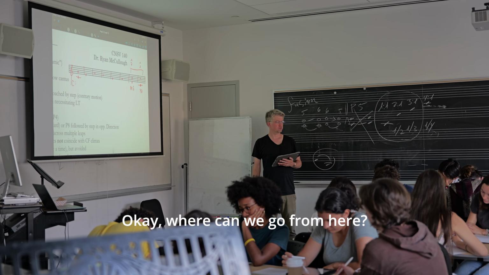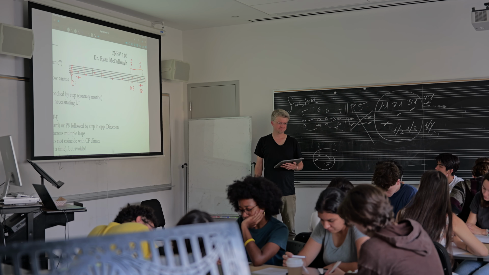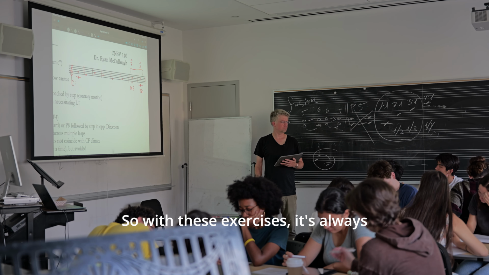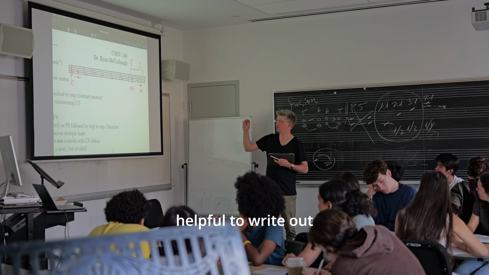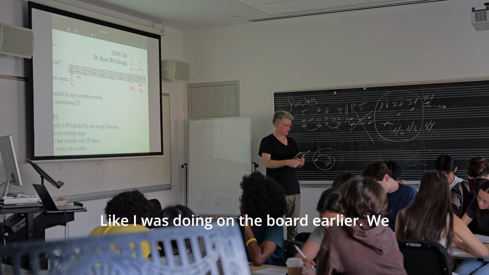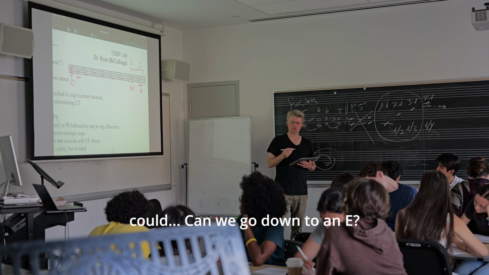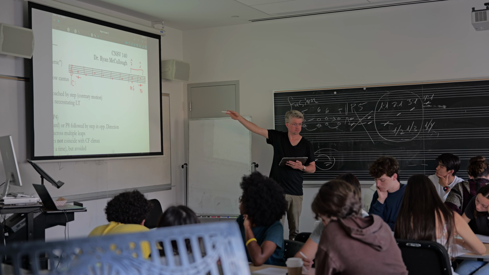Okay, where can we go from here? So with these exercises, it's always helpful to write out all the possibilities, like I was doing on the board earlier. Can we go down to an E?